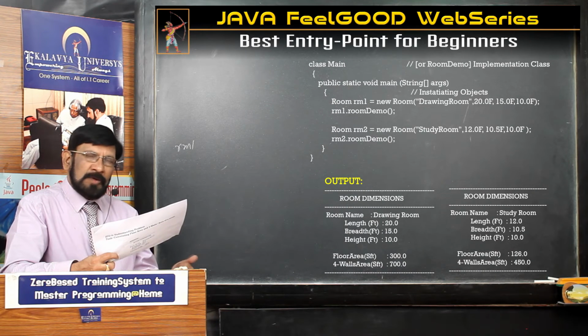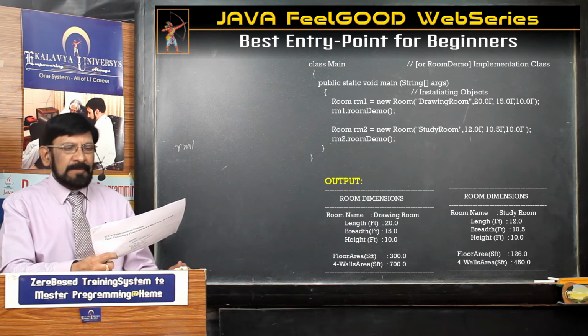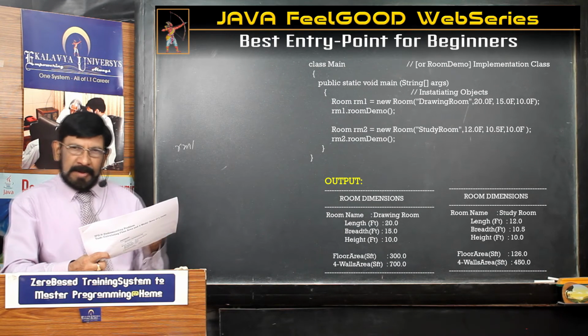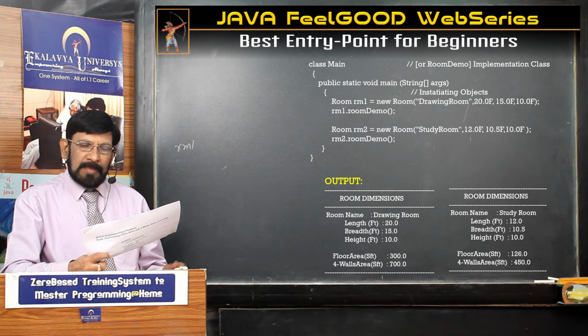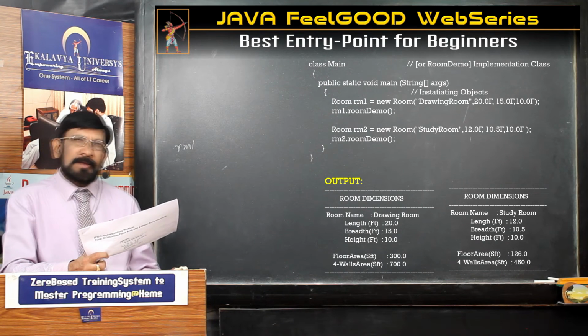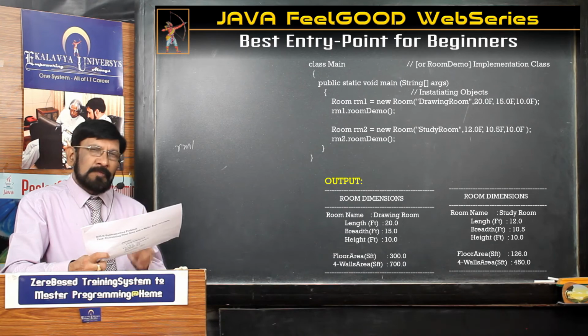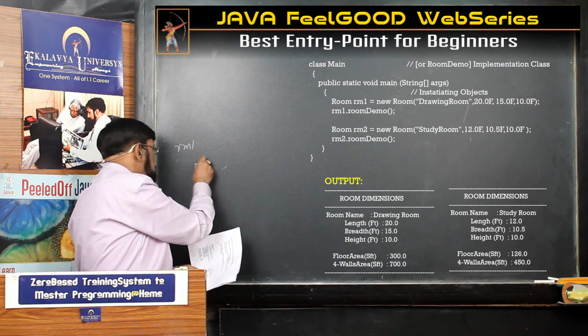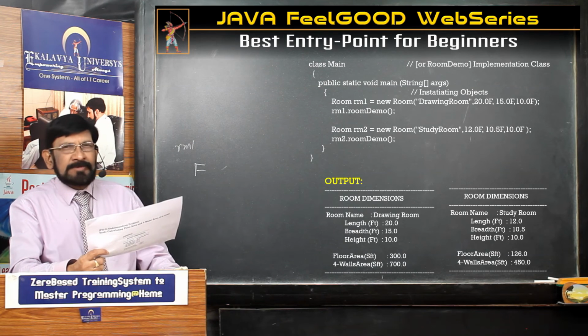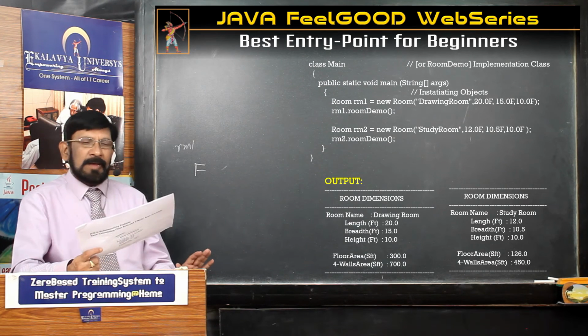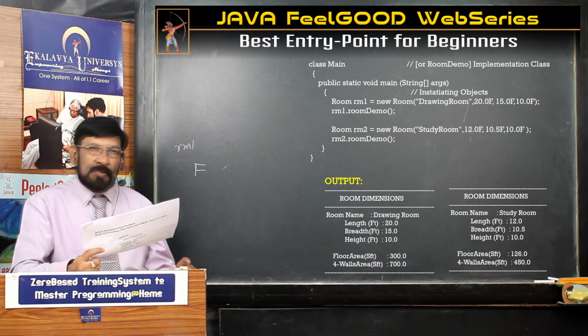You have to pass four values for calling the constructor. What are they? A drawing room, 20, 15, and 10. Don't forget the suffix f, otherwise it leads to an error, because we declared the instance variables length, breadth, and height as float. That's why you don't forget it.